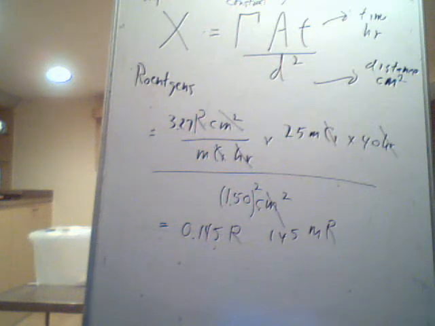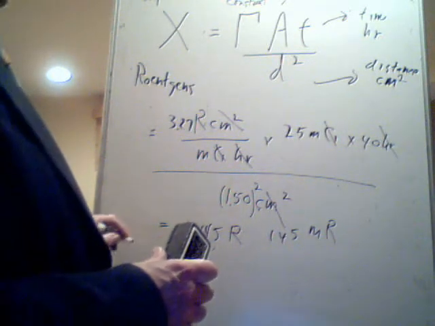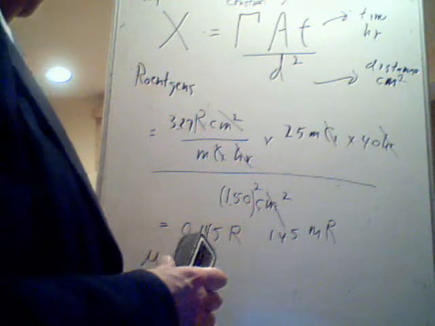Now, way back in Chapter 5, we had something called a linear attenuation coefficient, which you might remember, which is abbreviated with the symbol mu.